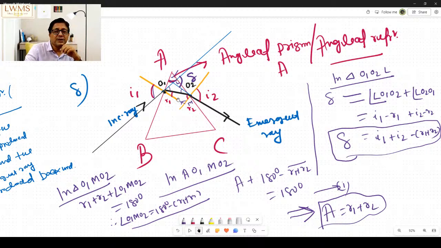So the sum of this and this has to be 180 degrees. So this angle A plus this angle has to be 180 degrees, because this is 90, this is 90. From there we get A equal to this thing. Now what about delta?